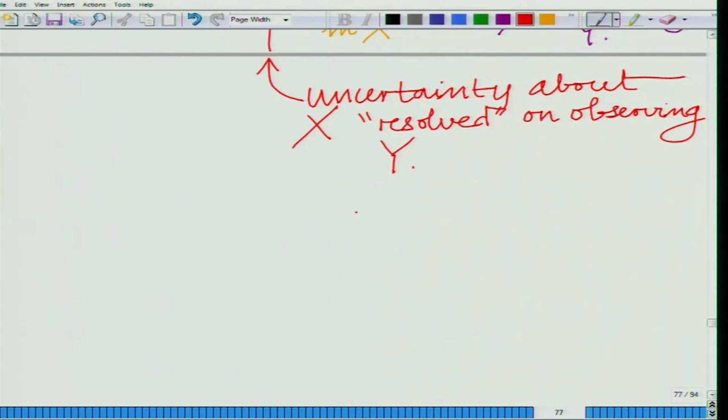Okay. So, H(X) is the uncertainty in X, H(X given Y) is the uncertainty remaining after observing Y. We expect this quantity to be less. So, H(X) minus H(X given Y) is the uncertainty about X that is resolved on observing Y, or in other words, this is the information that has been conveyed across the channel.